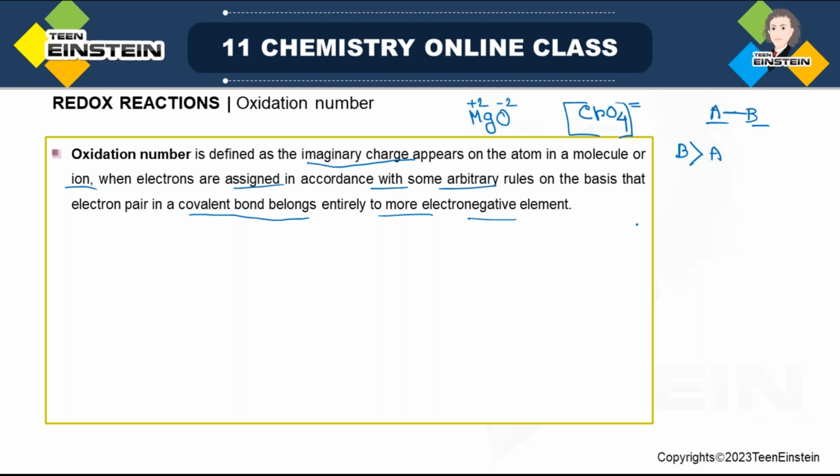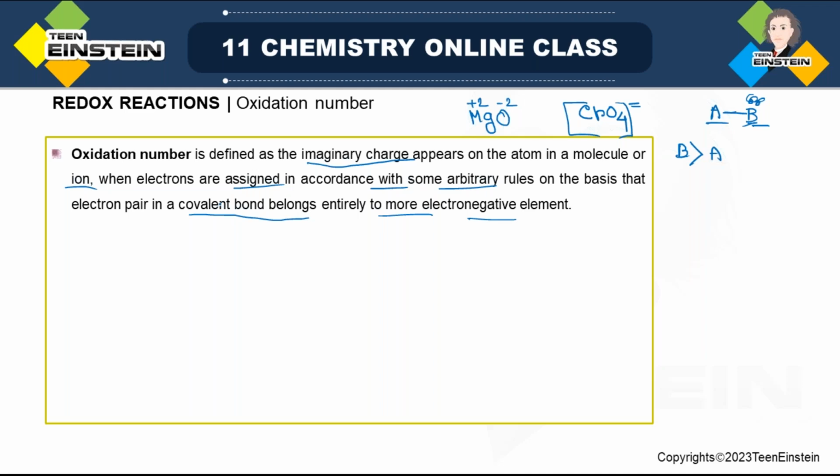It is actually not true; in reality, that doesn't happen. That both the electrons will be exactly over B, that actually doesn't happen. But we will think of it as if A will have some positive charge and B will have some negative charge. Why? Because B is more electronegative.